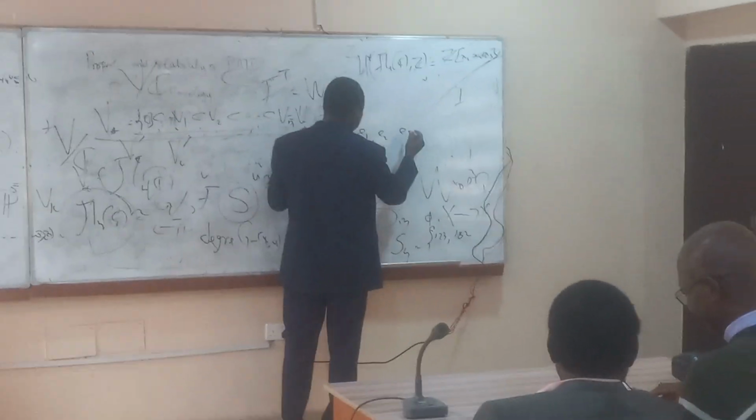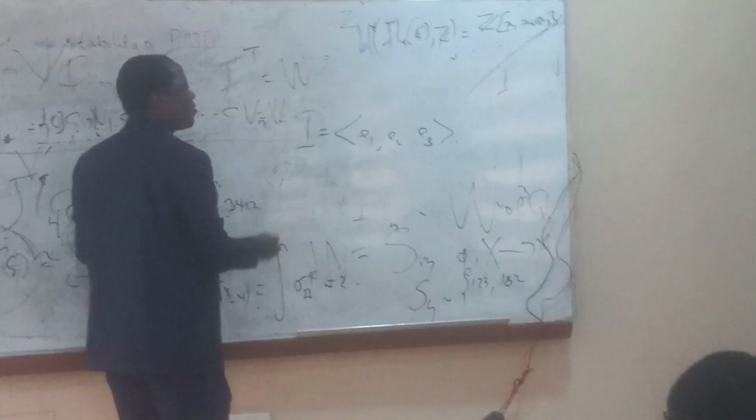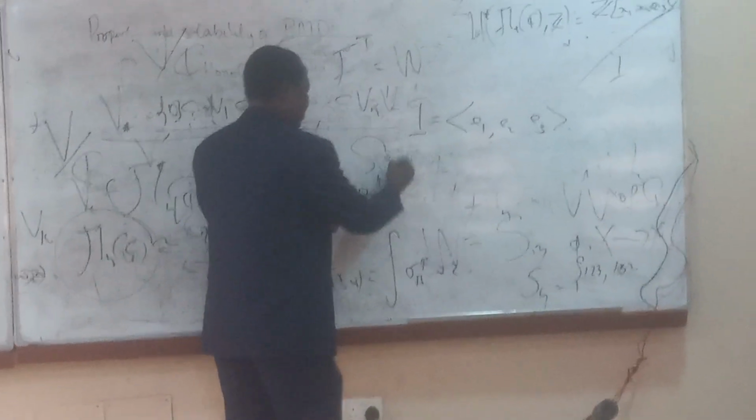So the question is, if you have the elements E1, E2, up to E3 for this one, this is coming from the action of Sn on the ring of polynomials.